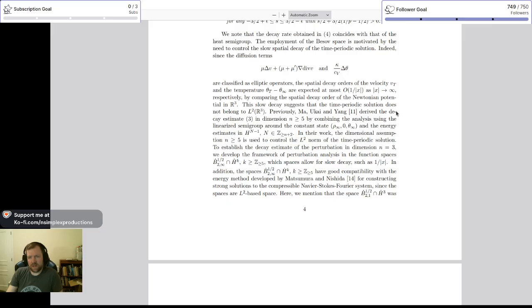Previously, Ma, Ukai, and Yang derived the decay estimate 3 in dimension n greater than or equal to 5 by combining the analysis used in the linearized semigroup around the constant state rho infinity, 0, theta infinity, and the energy estimates in H^(n-1), where n is an integer greater than or equal to n plus 2.